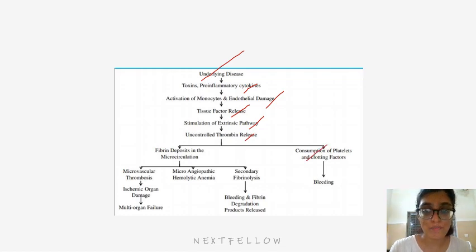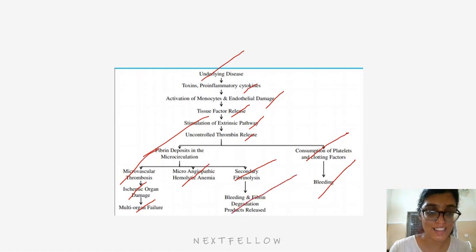There is consumption of platelets and clotting factors leading to bleeding. Fibrin deposits in the microcirculation will lead to microvascular thrombosis, ischemic organ damage, and multi-organ failure. Microangiopathic hemolytic anemia and secondary fibrinolysis will lead to bleeding, and fibrin degradation products are released.